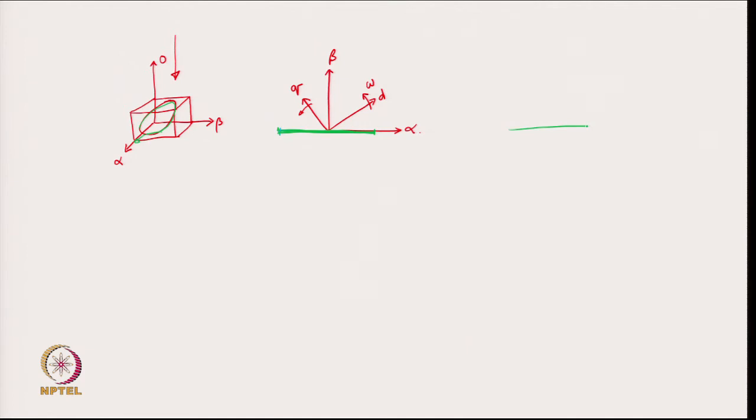So, one pulsating MMF on this axis can be treated as the sum of two MMFs, one rotating like this and another one rotating like this, clockwise and anti-clockwise, of equal magnitude, and this is the pulsating magnetic field.